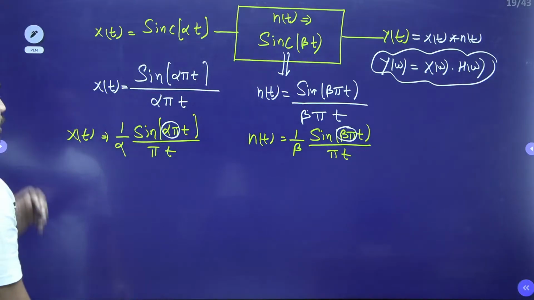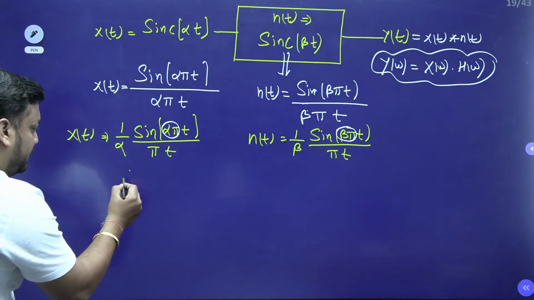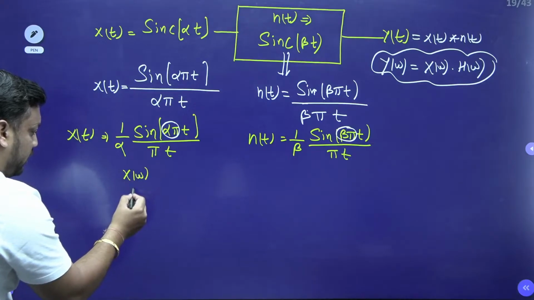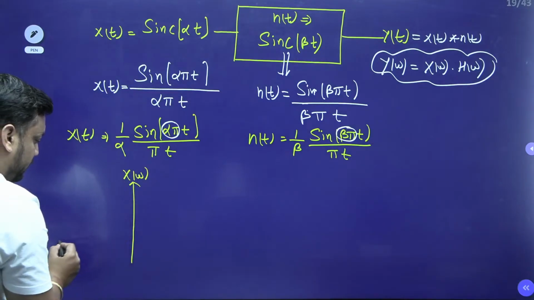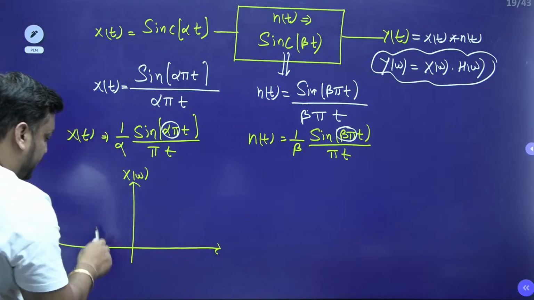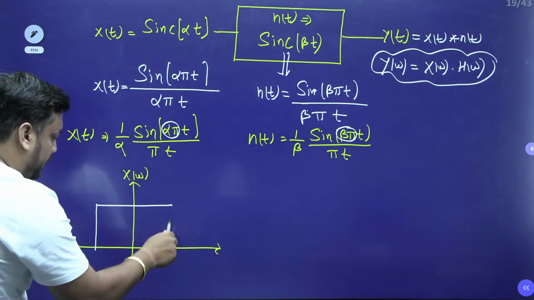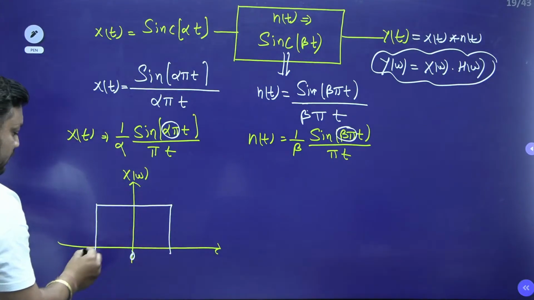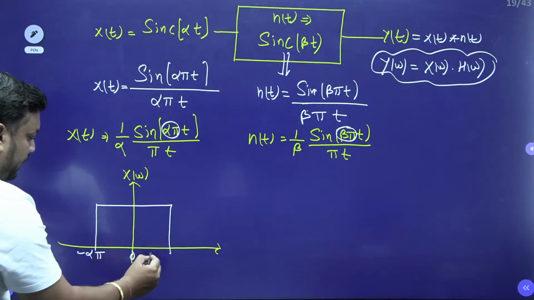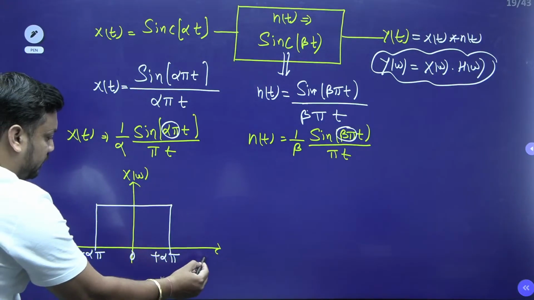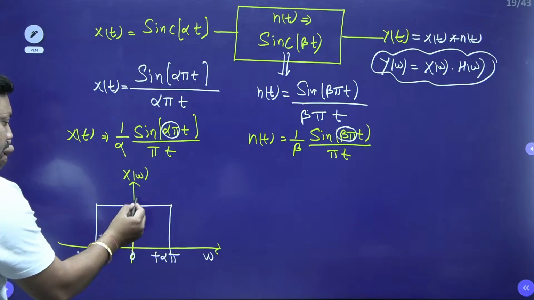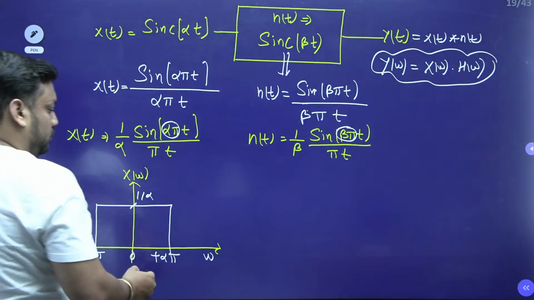Now tell me, if this is x(t), what is X(omega)? It is its Fourier transform. When you take this Fourier transform, you will get a rectangular pulse with width from minus alpha pi to plus alpha pi with respect to omega, and the magnitude is 1 upon alpha.